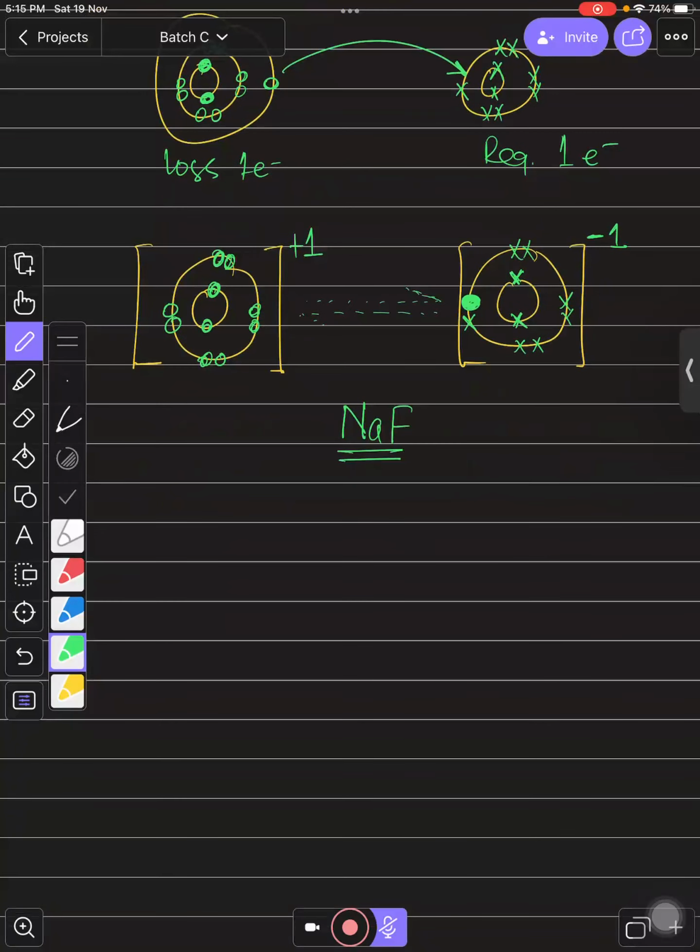Now one more thing, the best definition over here is this. You can say that this is actually electrostatic force of attraction. Keep remember, whenever you talk about the force of attraction between positive or negative, it will be electrostatic force of attraction between opposite charges.